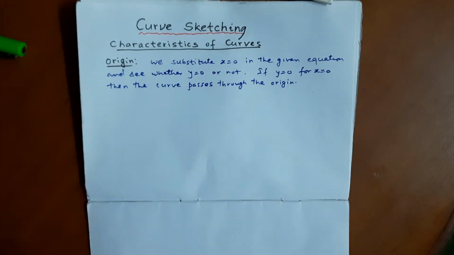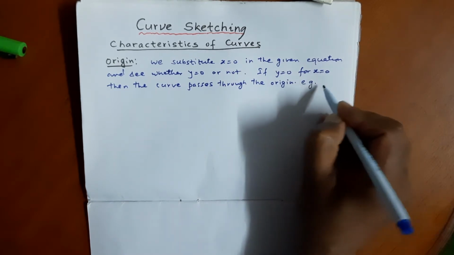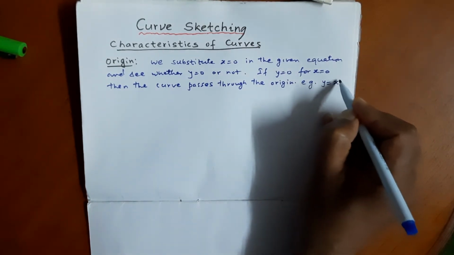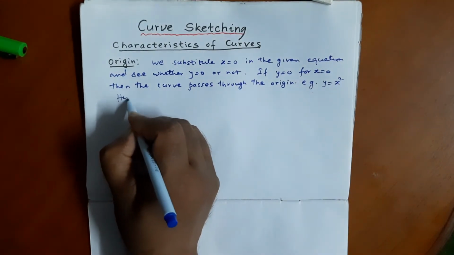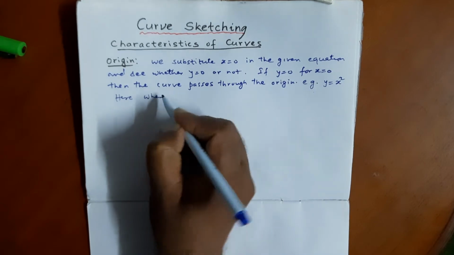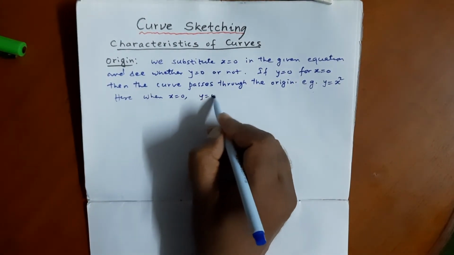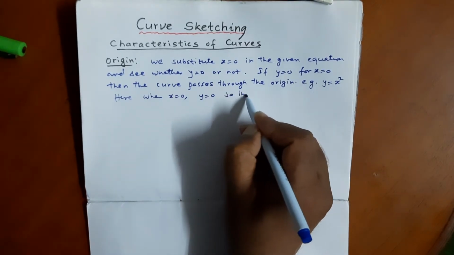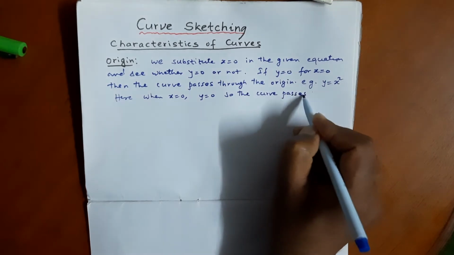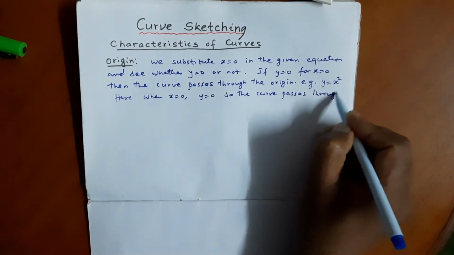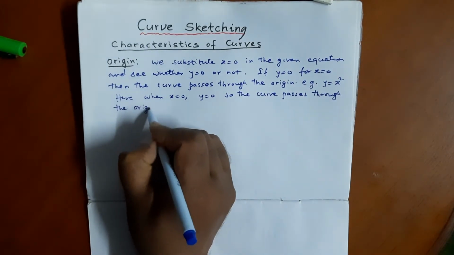Okay, here is an example, y equals x square. Let us see, when x equals 0, if you put x equals 0, y equals 0, so the curve passes through the origin.